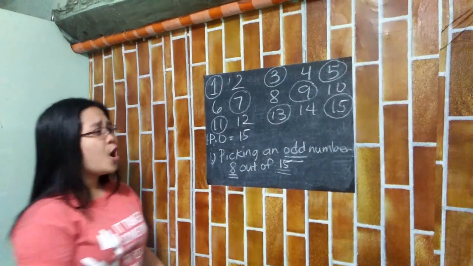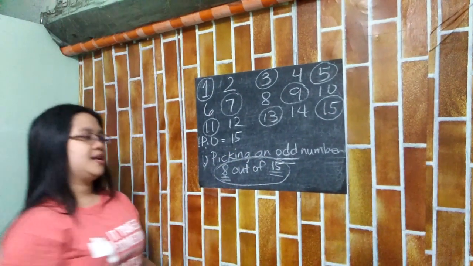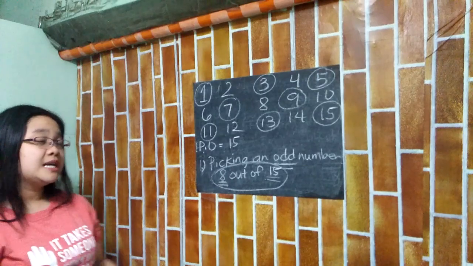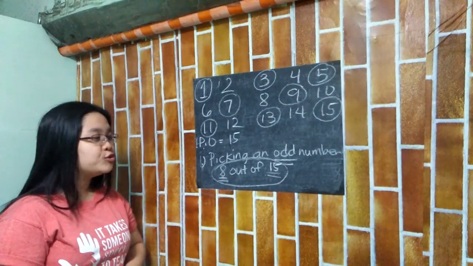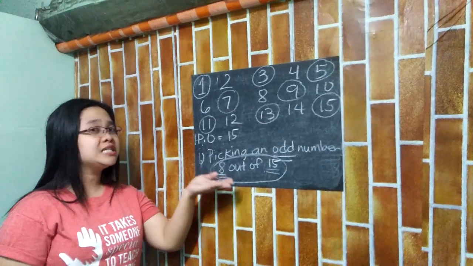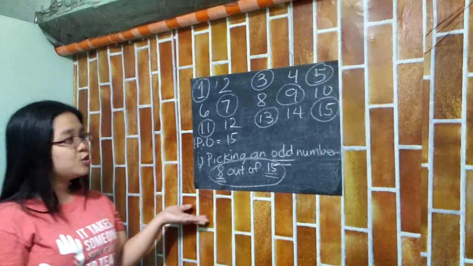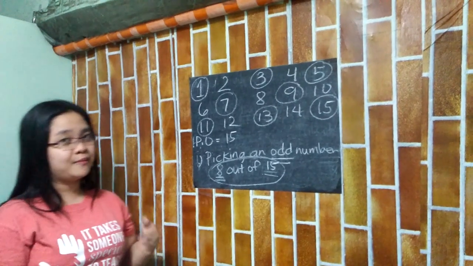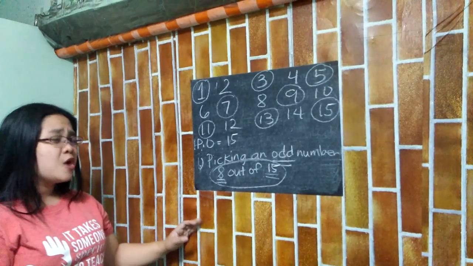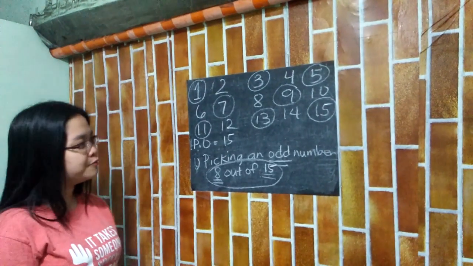Okay? Now, what is the probability of this one? 8 out of 15. Simple as this. To write the probability of these chances in number, you just have to write it in fraction. Remember that in fraction, we have the numerator and the denominator. But this time, what are we going to put in the numerator's part and on the denominator part?